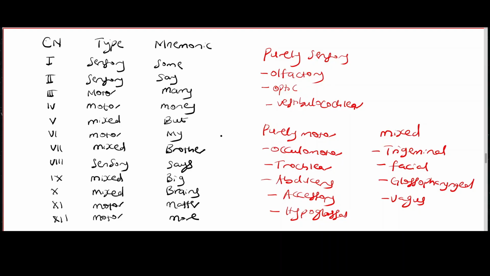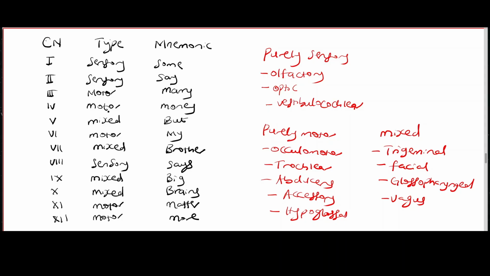A cranial nerve is said to be purely sensory if it contains only afferent fibers, and a cranial nerve is said to be purely motor if it contains only efferent fibers, while a mixed cranial nerve contains both sensory fibers and motor fibers.